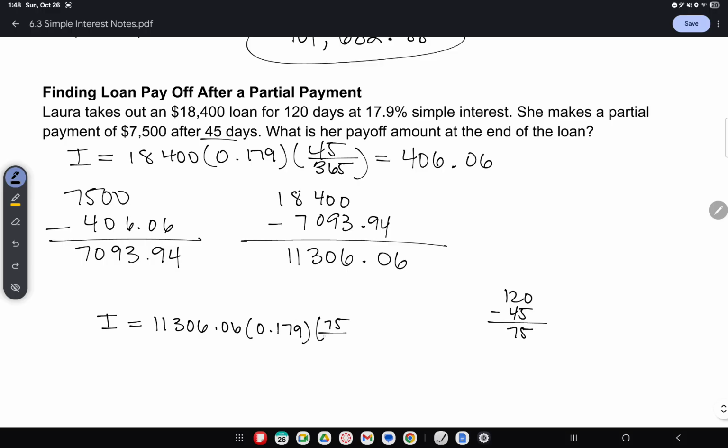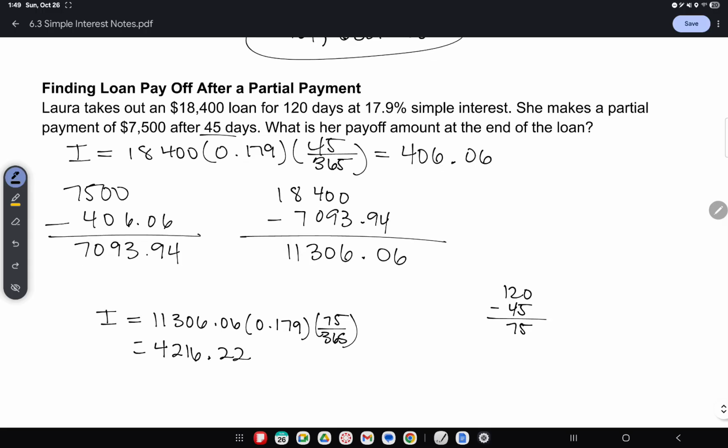So let's say we're paying it off then. So that interest, 11,306.06 times the interest times the days left gives me 4,216, and we'll round to 22 cents.